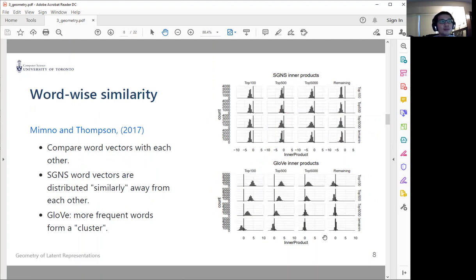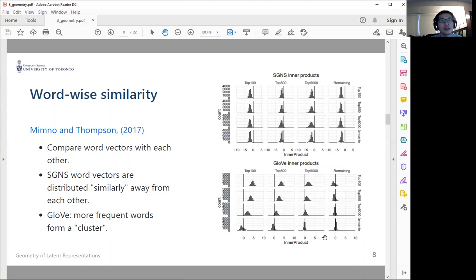They also compare the word vectors with each other instead of comparing them with their means in that group. They also do the frequency tier analysis. So this result sort of corresponds to the previous histogram.